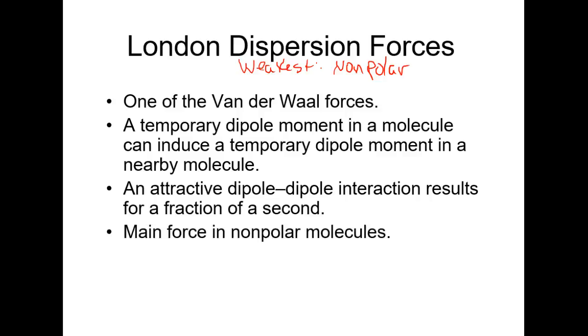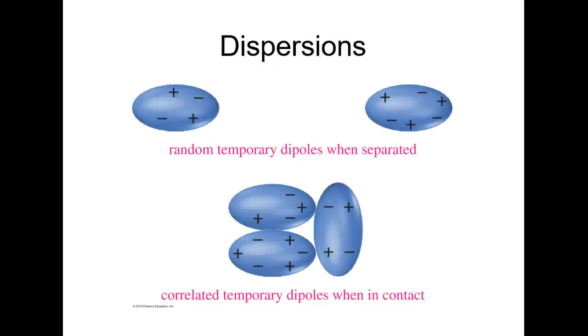The main force is between nonpolar molecules. Larger atoms are more polarizable. That means the electrons are able to waft back and forth. It's like having a bigger container for the water. Just imagine the molecule is kind of sloshing.